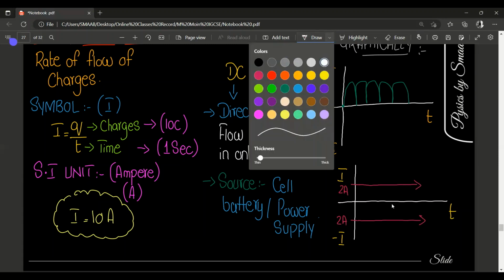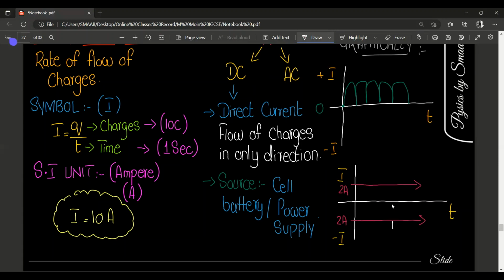So I also mention over here that this negative line represents the reverse direction. What will we find if we find the gradient of this graph? You can find from this graph that there are two quantities, current and time. So you can calculate the charge, that how much charge is going to be transferred into the circuit, right?